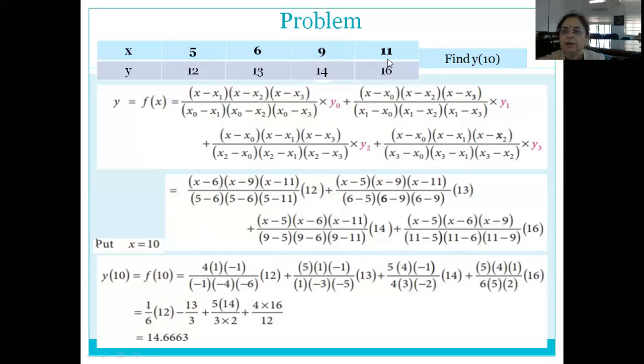Suppose we have right now 4 data points and we have calculated the value of y of 10. Suppose I get one more data point, assuming I get a function value at x equal to 12, and I say it is some value which is maybe 17 or 18, and I decide again to calculate y of 10.